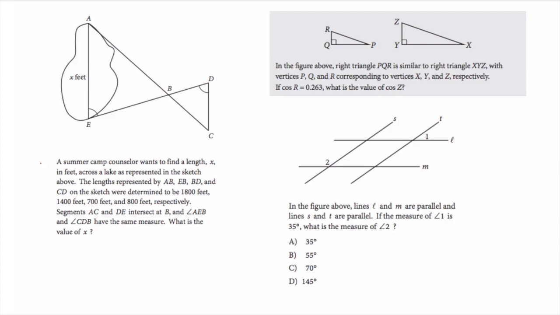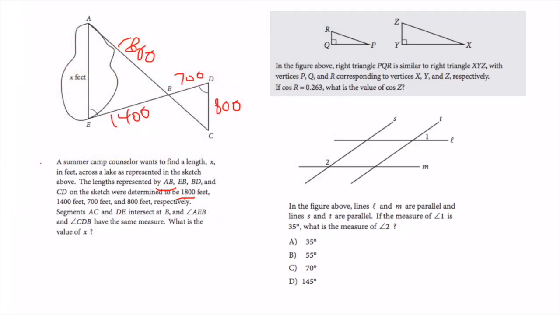So it's kind of a long-winded question. It gives us all this information, but the first thing we want to do is label our triangles. So AB is 1,800. EB is 1,400. BD is 700. And CD is 800.